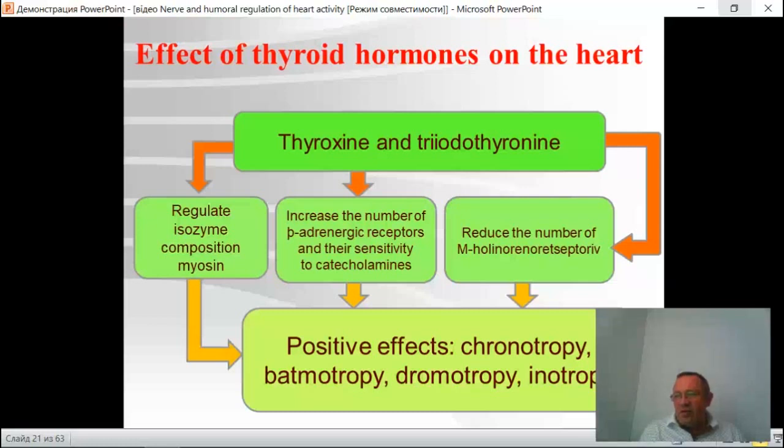These hormones increase the number of beta-adrenergic receptors and their sensitivity to catecholamines.